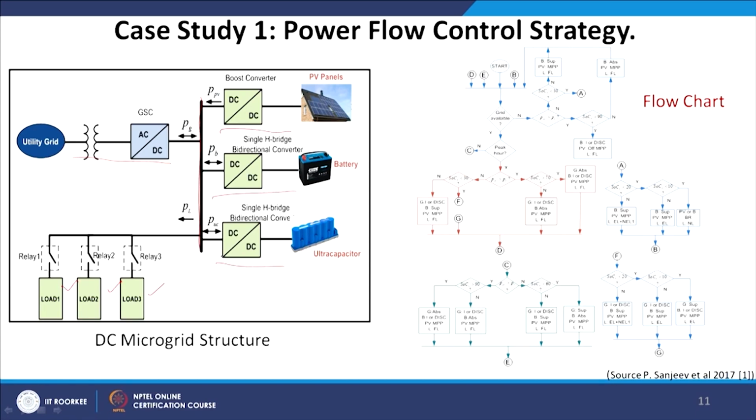We also discussed the flow chart in our previous lecture. So, depending upon the grid situation, we can control the devices within the DC grid, so that the maximum stress on the utility can be avoided by optimally operating the storage devices to meet the loads.